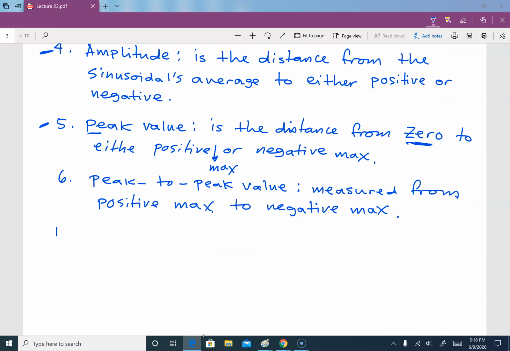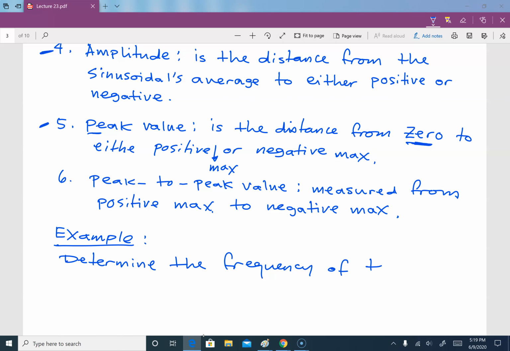So let us take an example to show you how we can determine the frequency of the waveform shown in the figure here.